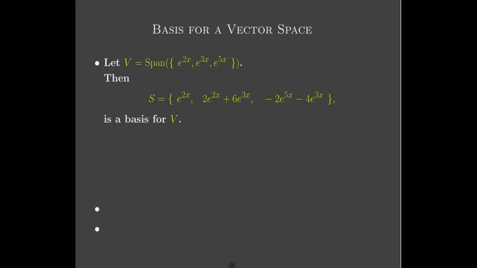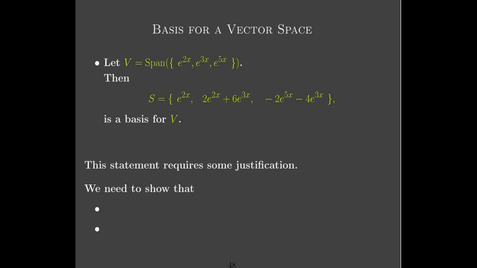But what we're interested in is a different set, set S, which has 3 functions in it: e to the power of 2x, 2e to the 2x plus 6e to the 3x, and then negative 2e to the 5x minus 4e to the 3x. And so the question is, how can we show that this set S forms a basis for V?